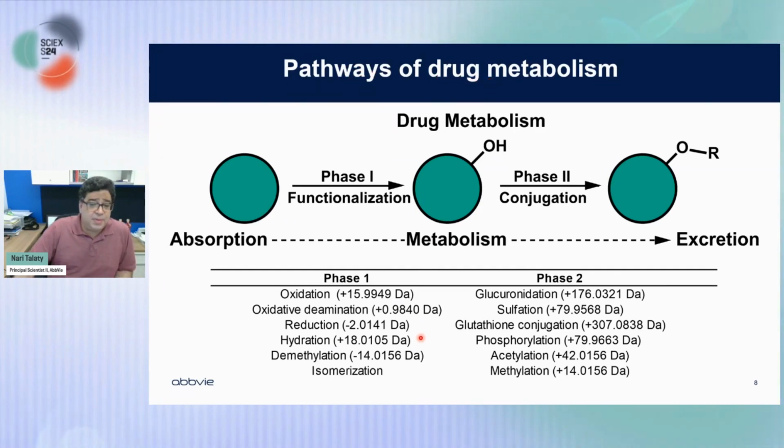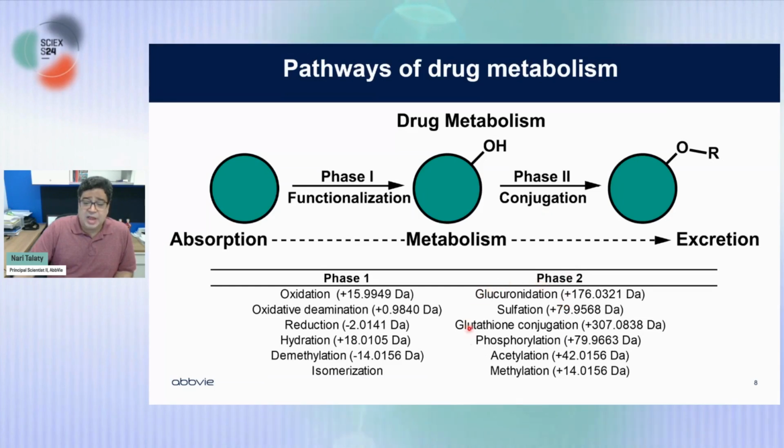So these are the different pathways of drug metabolism. You have your phase 1, which is your functionalization. So you have these different functional groups that would add to it. And I put everything in the exact mass form, so everybody who does high-res can appreciate that. And then you have your phase 2 metabolism, which is the conjugation that happens.